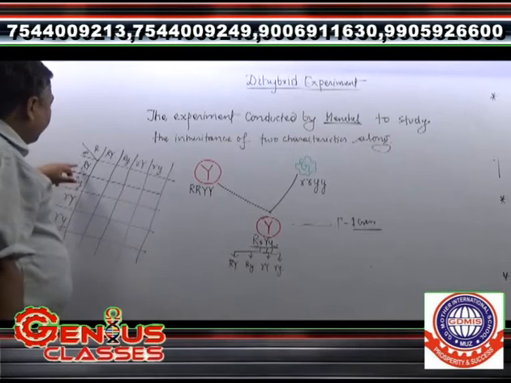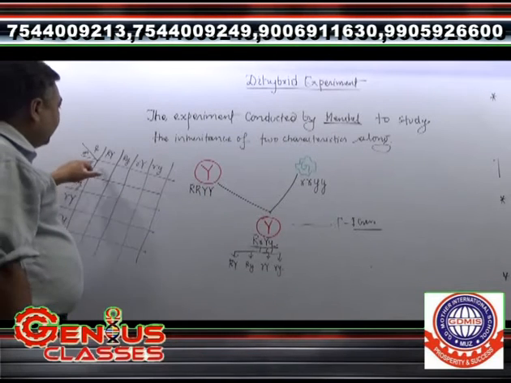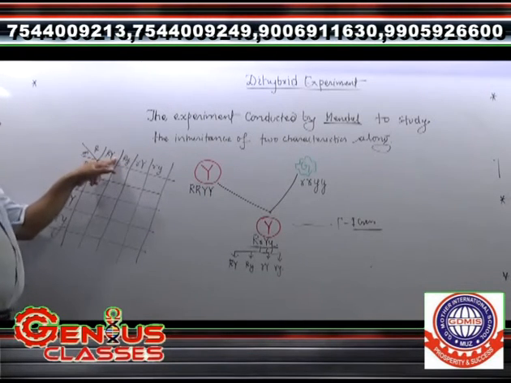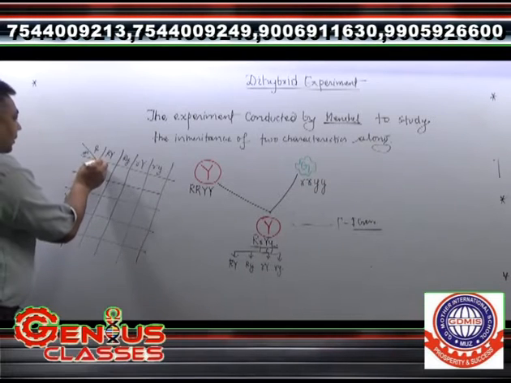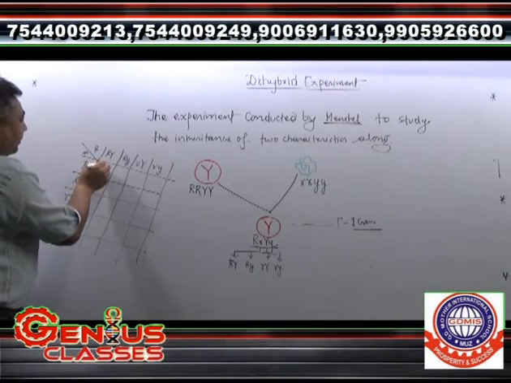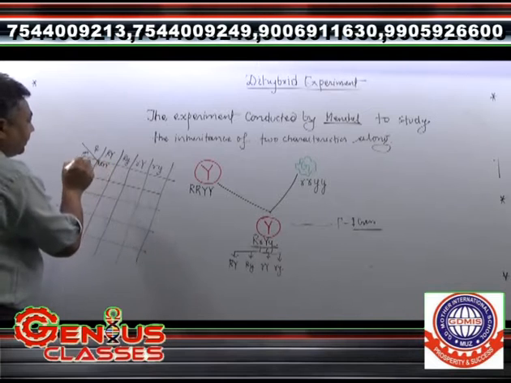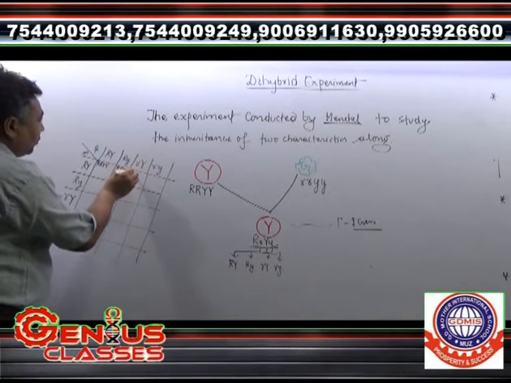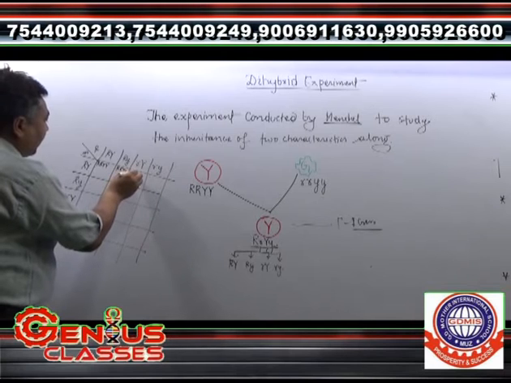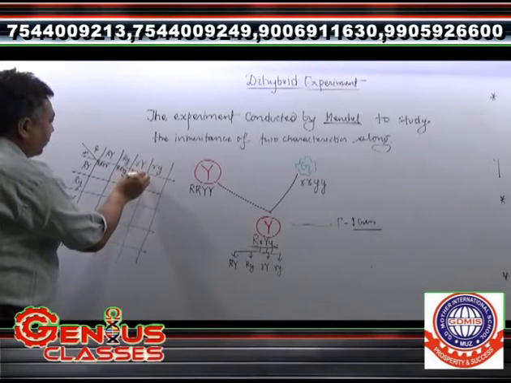So, what will happen if R capital Y capital will fuse with female gamete R capital Y capital? Here R capital, R capital, Y capital, Y capital. Here R capital, R capital, Y capital, Y small. Here R capital, R small, Y capital, Y capital.